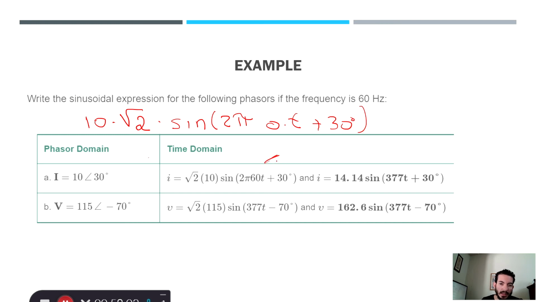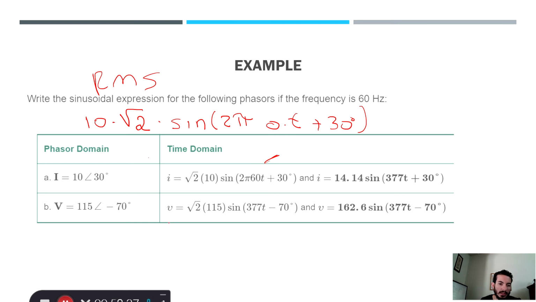Doing that computation, you get 10 times 1.41 is 14.14 sine of 377 t plus 30. So this is the RMS value of the wave.